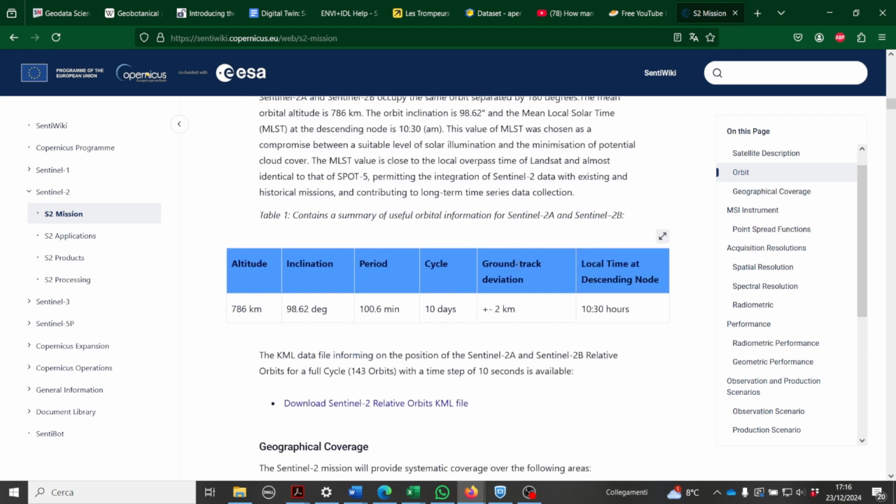All right, that is very important for us, and this is the table that is describing the main characteristics of our satellites. That means this is the altitude, this is the inclination, this is the period. That means that every around 100 minutes it is completing a single orbit, and the cycle is 10 days.